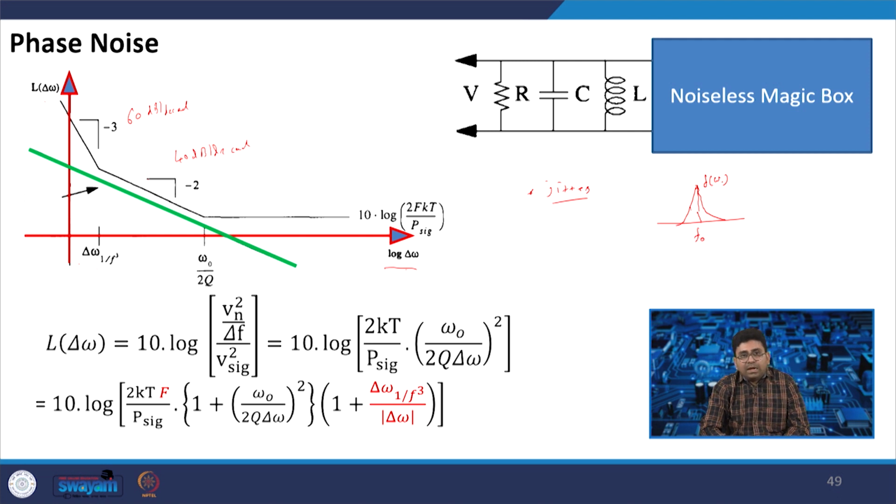This model has been studied by Leeson. It is called the Leeson model of phase noise, in which he considered that there are three frequency components that we can identify.